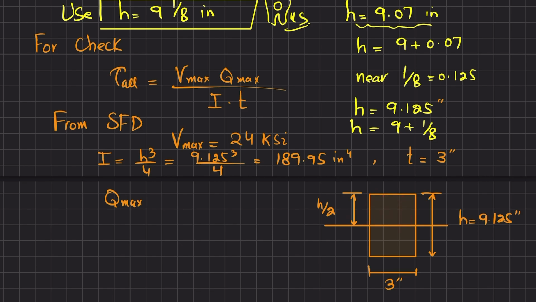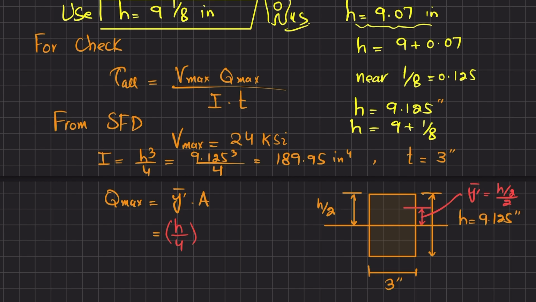So we know that Q max is equal to Y dash into A. So what will be the Y dash? So Y dash will be the mid of this. This will be the Y dash from the neutral axis. And you can see this is Y dash bar. And that will be equal to h by 2 divided by 2, which is equal to Y dash will be equal to h by 4. So h by 4 into area.